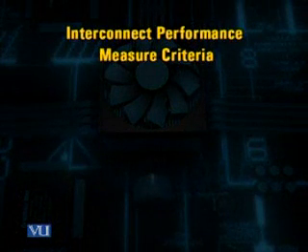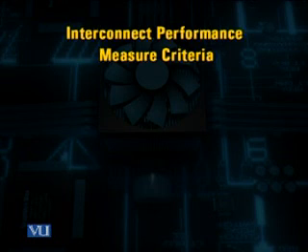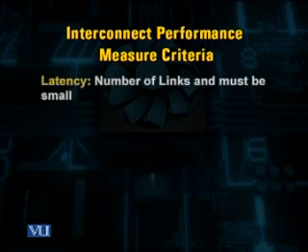The most important criteria for the measurement of the performance of distributed topology include, number one, latency, where latency is the measure of the number of links, and for any network to have a good performance, the latency must be small, which means that the number of links for a message to pass from the source to the destination must be kept small.